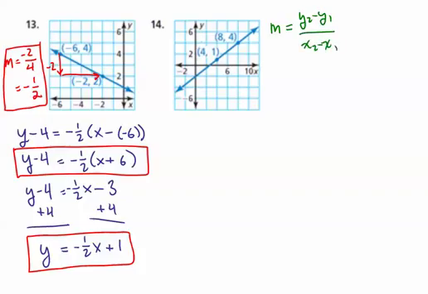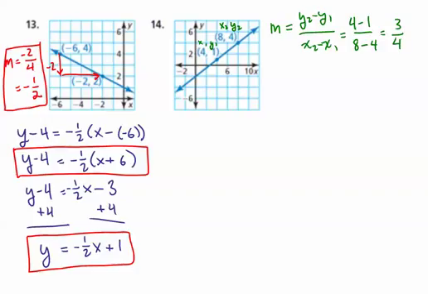So I'll label them from left to right: x1, y1, x2, y2. And y2 is 4 minus y1 is 1 over x2 is 8 minus x1 is 4, and we end up with 3 over 4 as our slope.